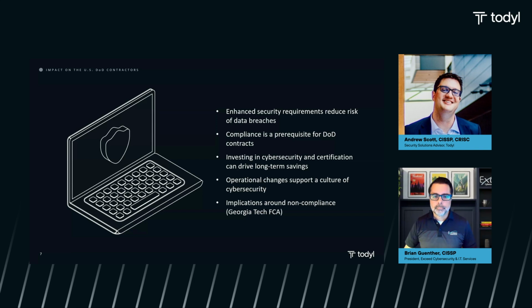Absolutely. What happens if they don't do it? I think we highlighted Georgia Tech and the FCA. For those who are unaware, the FCA is the False Claims Act. So this is the Department of Justice.